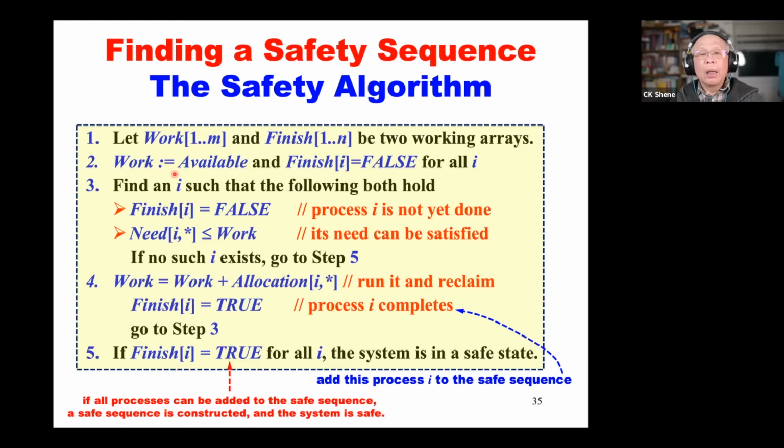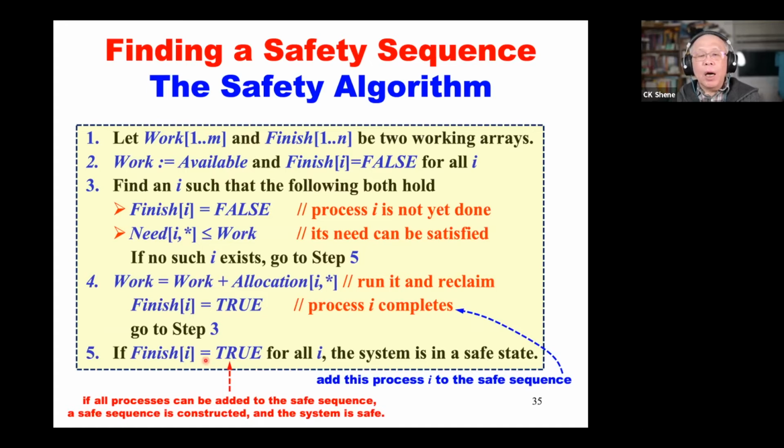So basically, we simply search the process array to find a process whose finish is false, thus not yet done, and at the same time its need is less than or equal to work. So this process can run. After running it, it will return its allocated resources so that the working array for the system available resources can be updated, and it's done. Then we find the next one. Sooner or later, you won't be able to find such an i, so we go to step 5.